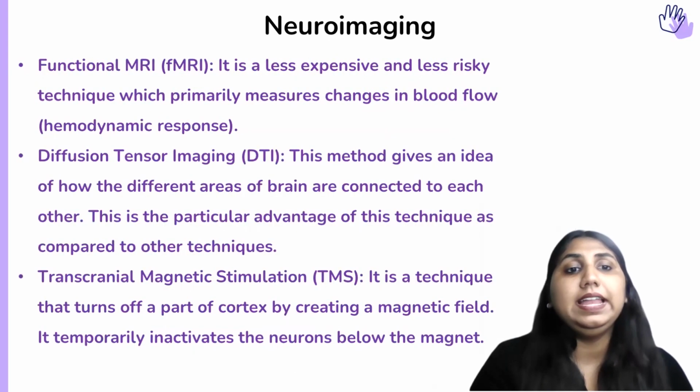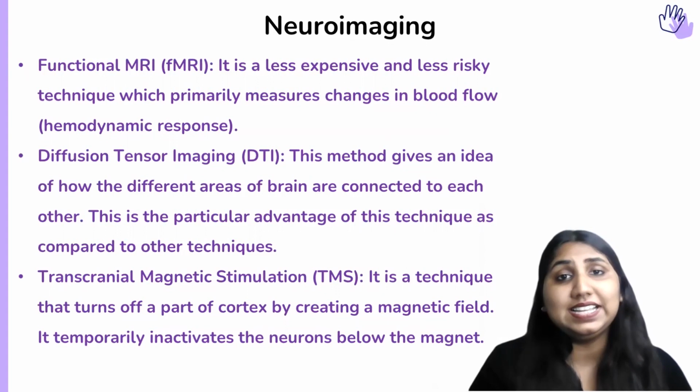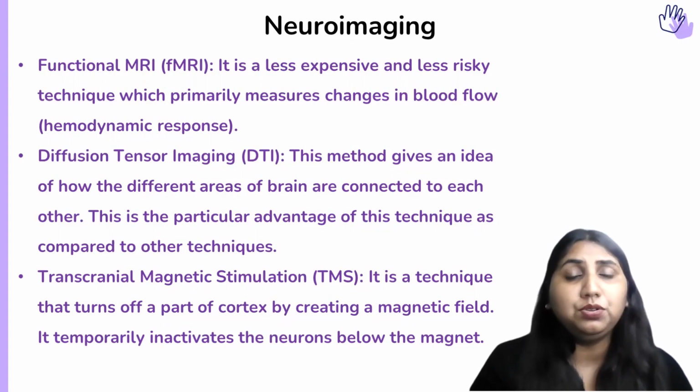Okay. Moving ahead, next we have fMRI. fMRI is relatively less expensive, and it also tells you about the functional aspect of the brain, not metabolic activities, but it does tap into that area.